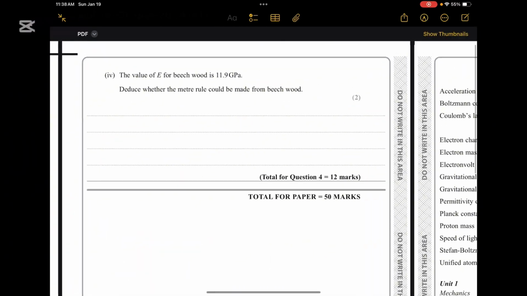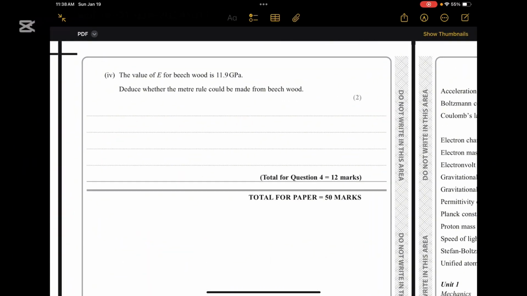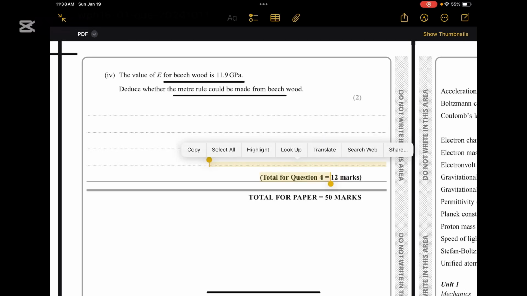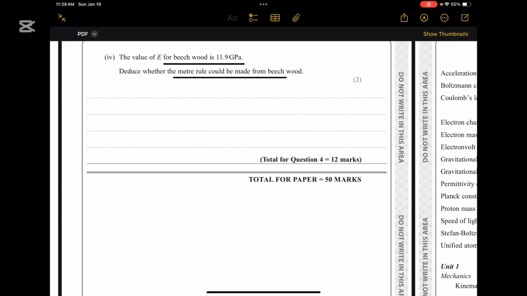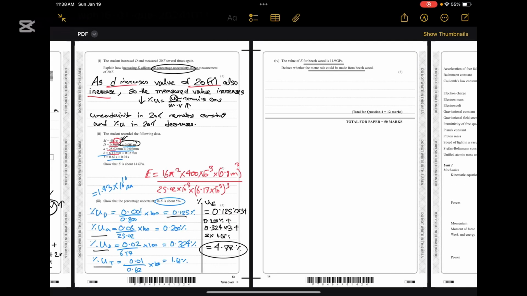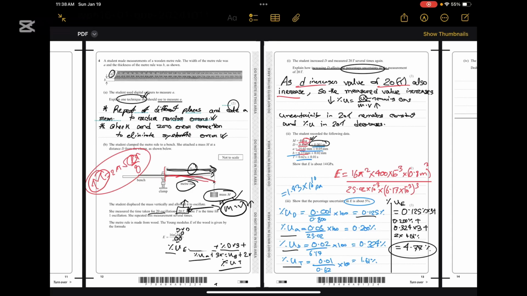They have said the value of E for beech wood is this. Deduce whether the material could be made from beech wood. Beech wood is another material, and they have given us this as 11.9 GPa. Let's go to the first page.